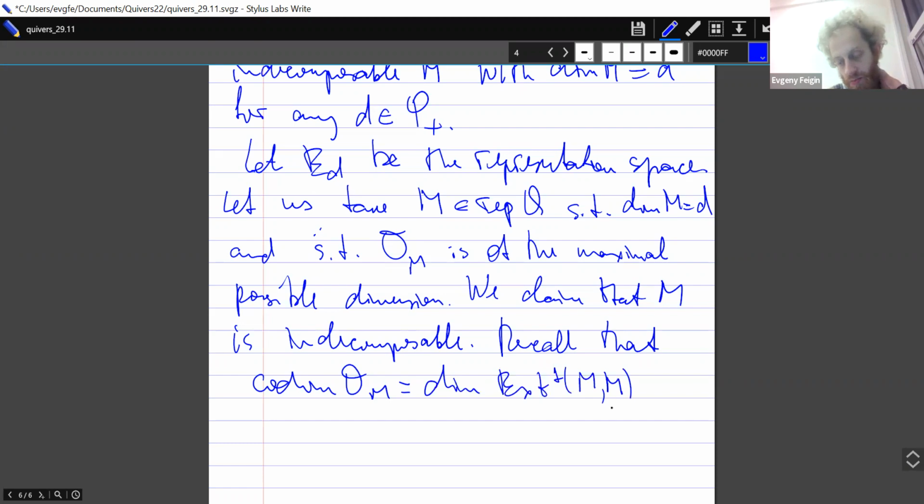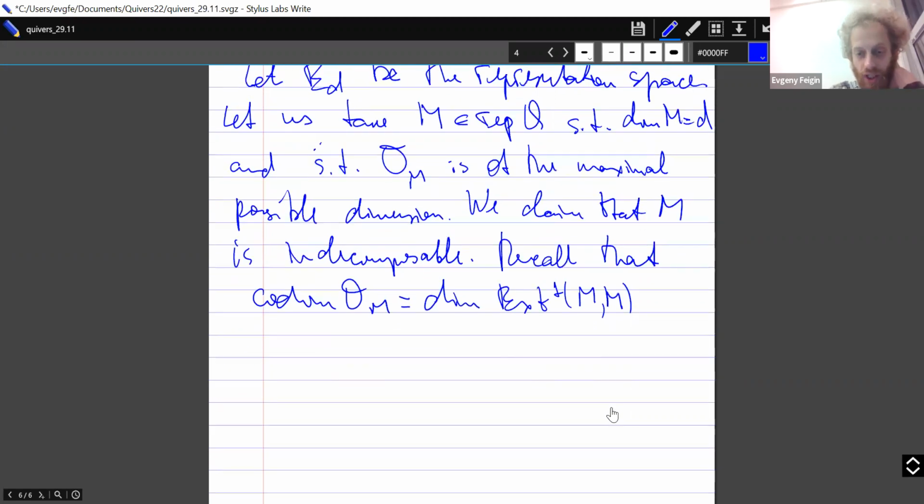But so we just computed the action of the group. So we have to show that this Ext is minimal for indecomposable. Again, there is a homework problem to complete the proof, but let us do the first step.